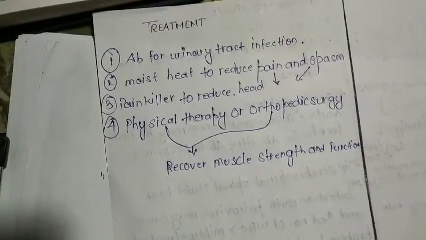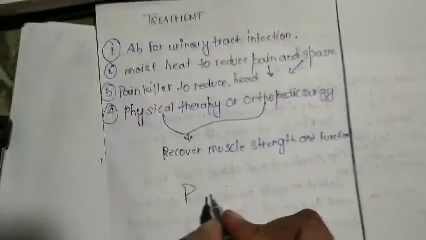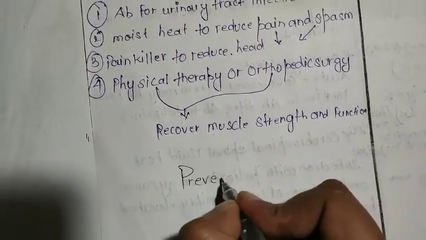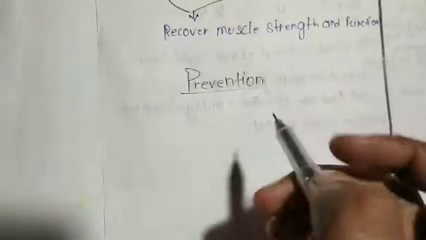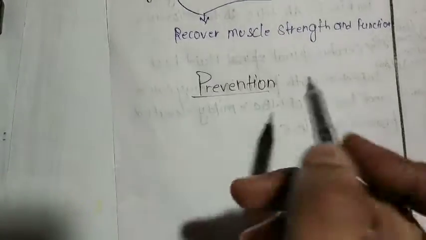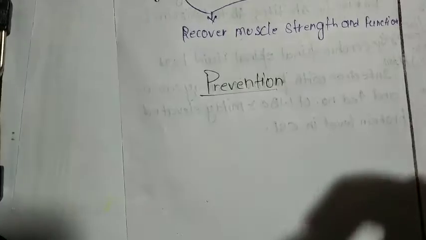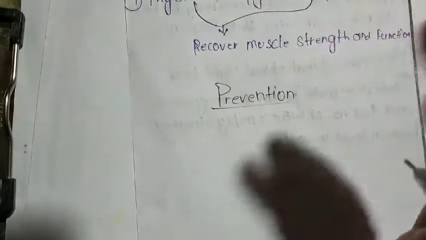Now we'll see the prevention of polio disease. Last, we'll see the prevention. The best preventive measure for poliomyelitis is ensuring hygiene.